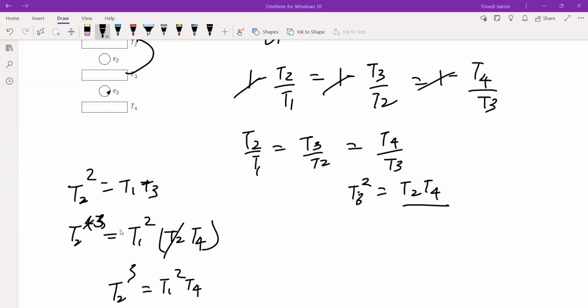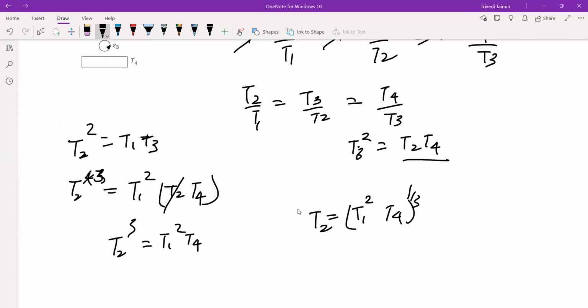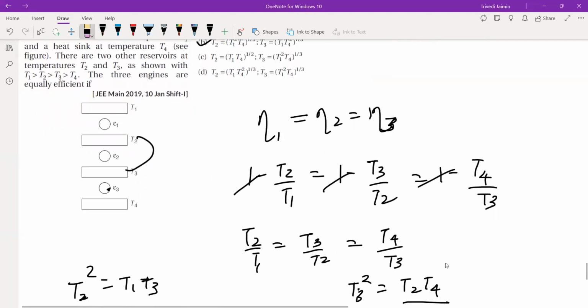Substitute this T2 value, T1 square, T4 to the power 1 by 3, then T3 square equals T1 square T4 to the power 1 by 3. We need it in terms of 1 by 3, T1 and T4.